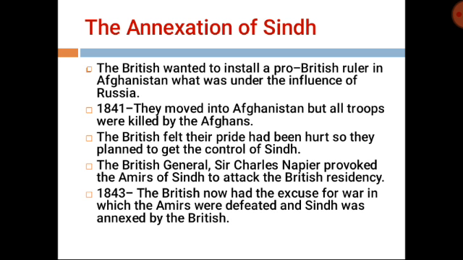In those days, Sindh was under the rule of a collection of amirs, who were called the Amirs of Sindh. A British general, Sir Charles Napier, provoked the Amirs of Sindh so much that they attacked the British residency, the British headquarters, on the instructions of Sir Charles Napier, and it was done in 1843.